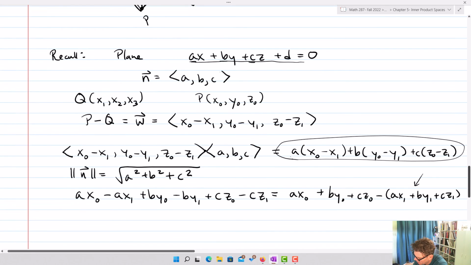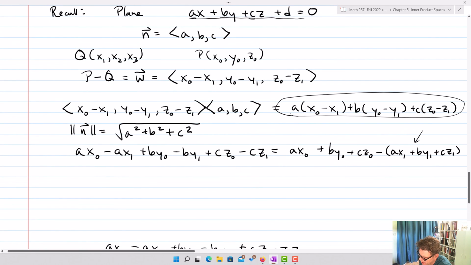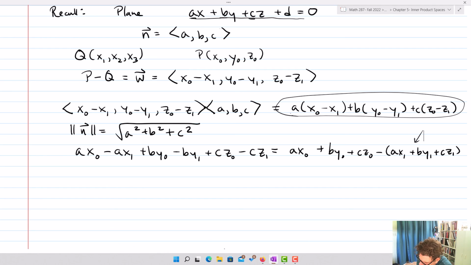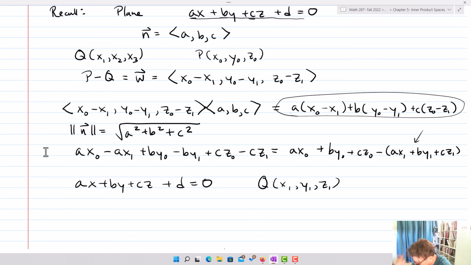Now, here's what I want to see. I'm going to do a little bit of extra work in here. I know that ax plus by plus cz plus d equals 0, and I know that q is on the plane. So q, x1, y1, z1 is on the plane.